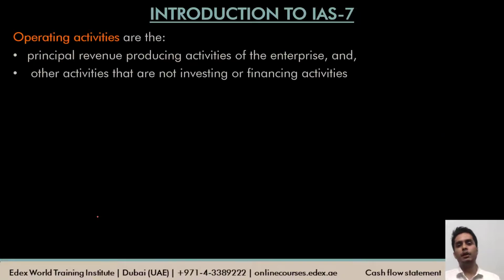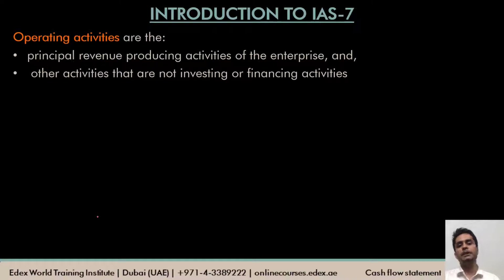Let's understand the meaning of the three activities first. Operating activities refers to the principal revenue producing activities of the enterprise. Meaning what? Every business is set up to deal in certain kinds of products and services and generate revenue. So dealing in that particular good or service is the principal revenue generating activity of that business. For example, for a trading business, the principal revenue generating activity would be the sales and purchases of goods.